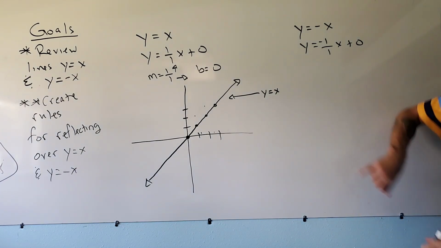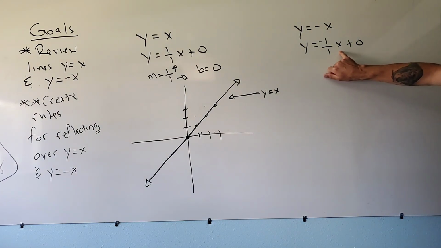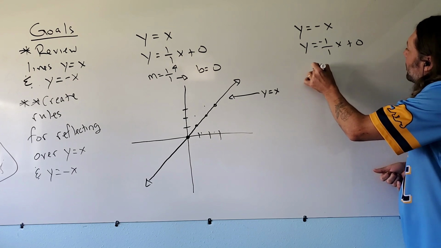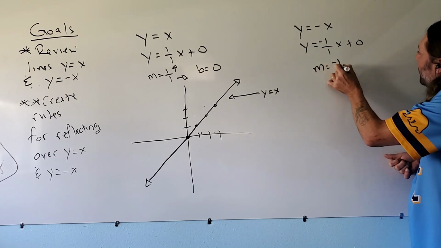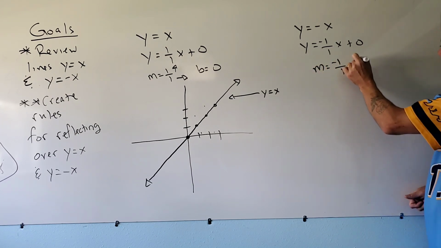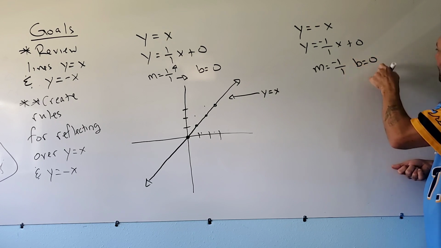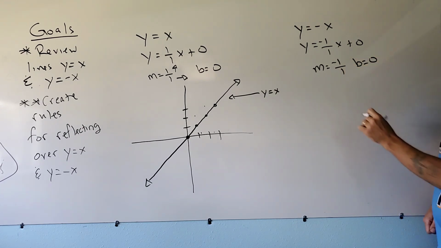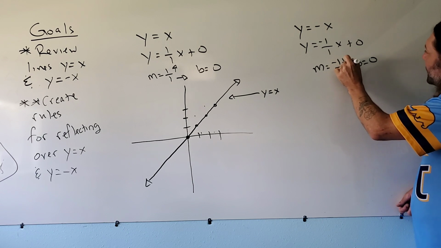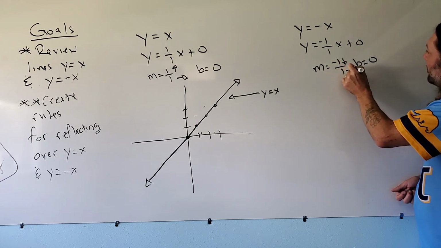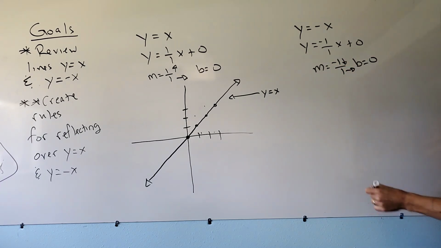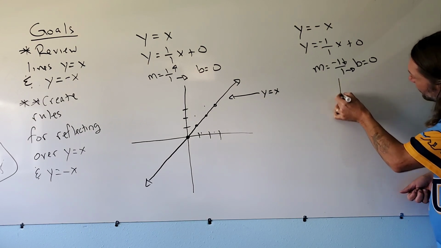Again, my slope is the number with the x value. So my slope is negative 1 over 1. And my beginning location is at 0 on the y-axis. So when I have a negative rise, I'm rising down. And I'm running this way. So let's graph this one.